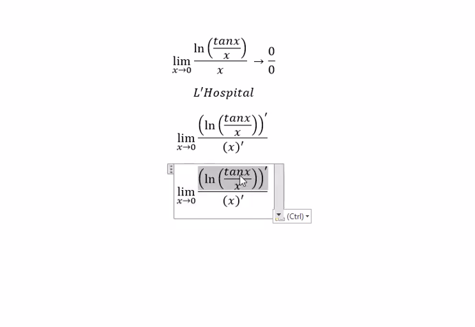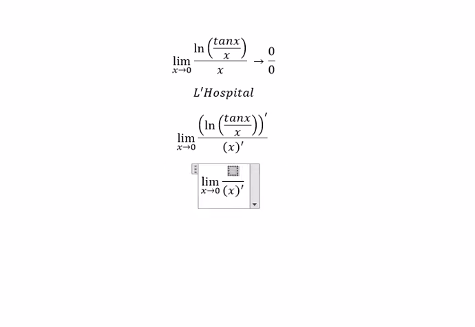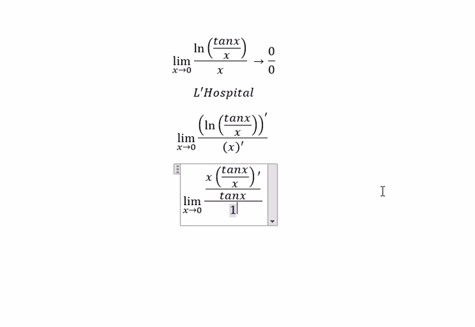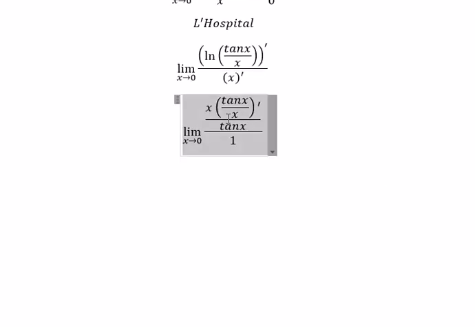Now you will get tan x over x, so we first take the derivative of tan x over x. This one changes to number 1, so we just have it like this.